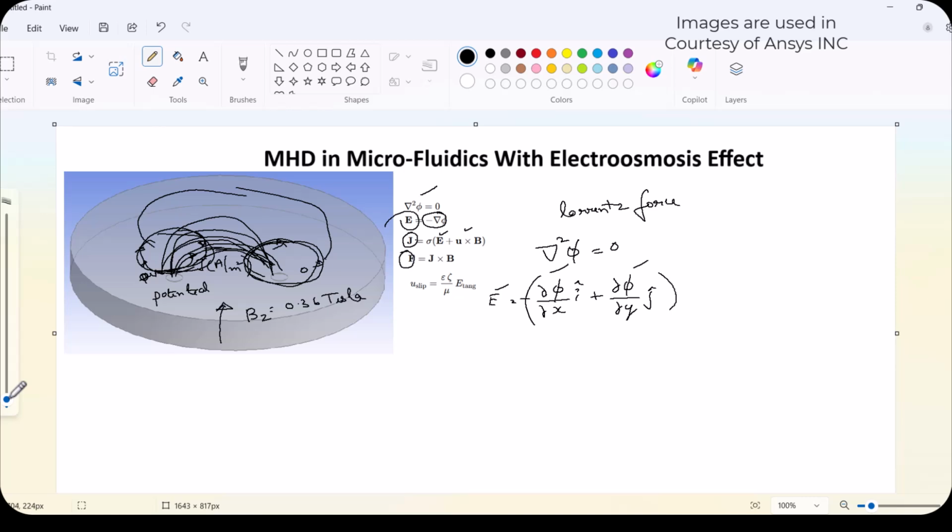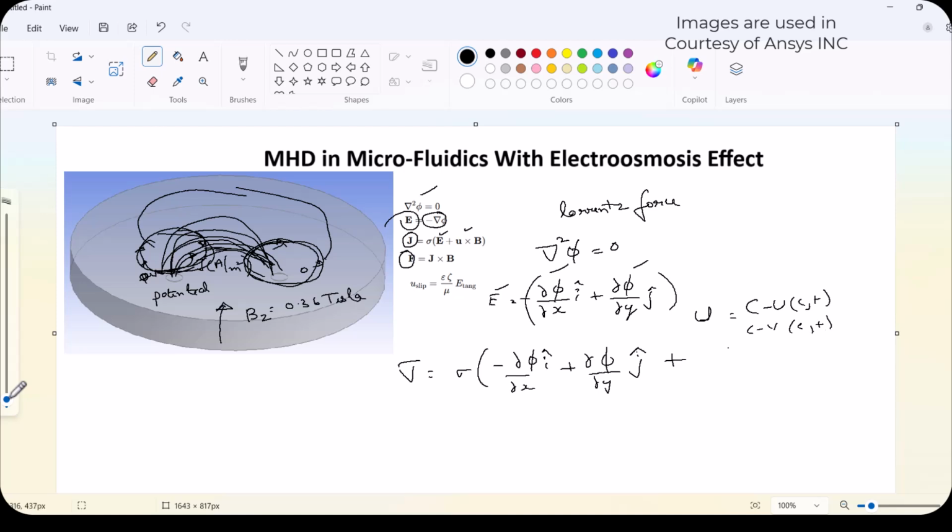Once you get J, you can directly use this formula: J equals sigma times minus del phi by del x i plus del phi by del y j plus u cross B. U again has three components: c underscore u, the velocity along the x direction, c underscore v in the y direction, and c underscore w in the z direction.